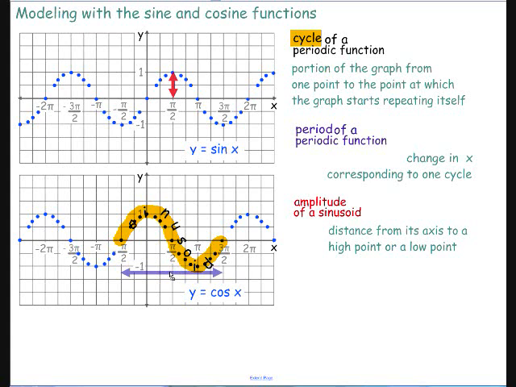And if you look at this one, going from -π/2 to a positive 3π/2, that is a change of 2π. The amplitude of a sinusoid, in the case of the sine graph, is 1. And guess what? In the case of cosine, it is also 1.